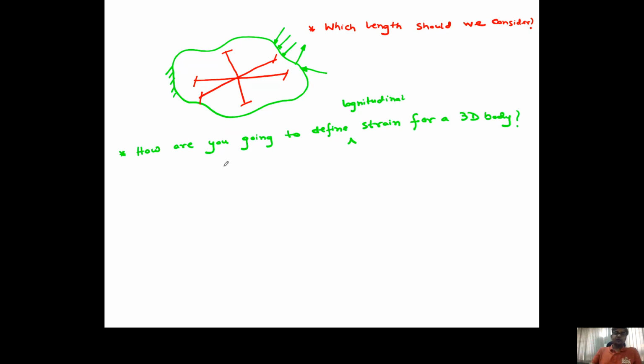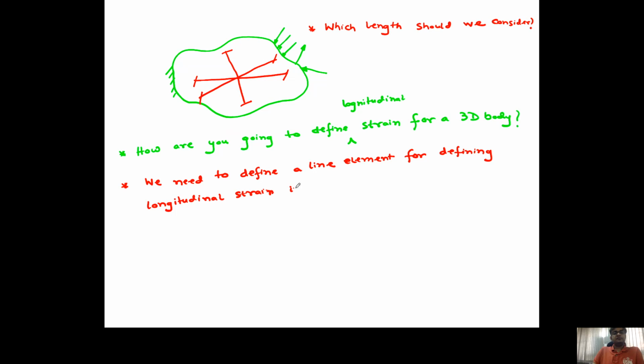And the point is, we need to define a line element for defining longitudinal strain in a 3D body.